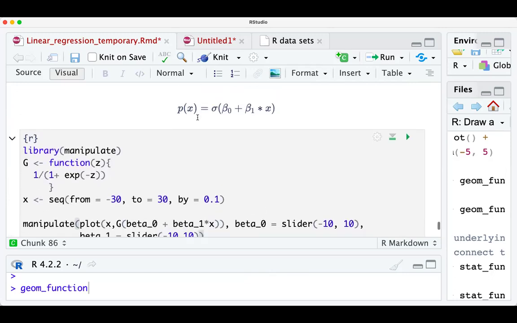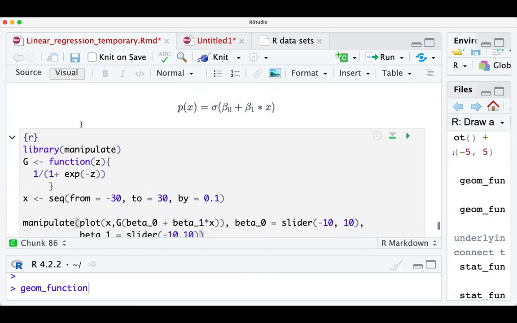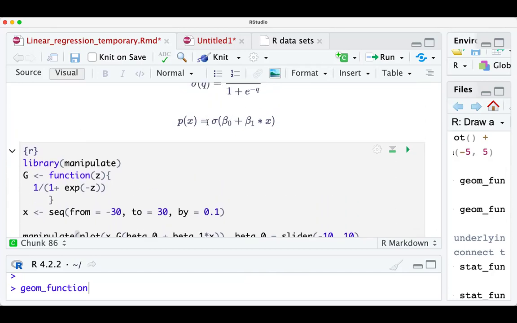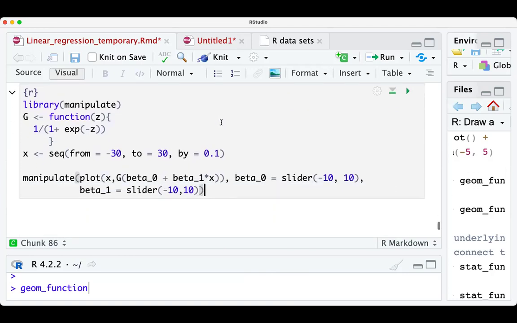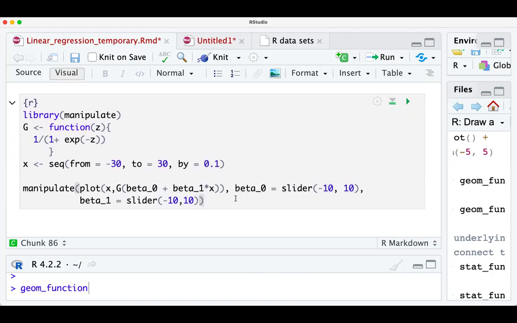This library allows us to plot this function p of x and to vary beta 0 and beta 1 interactively with a graphic which is really like Windows 95, but it's actually good.